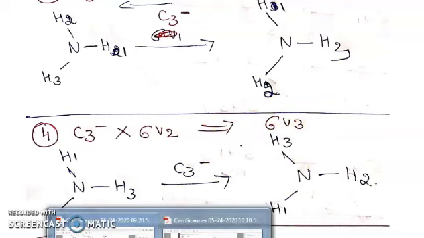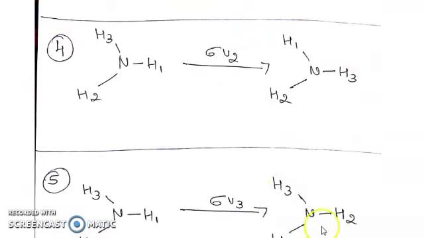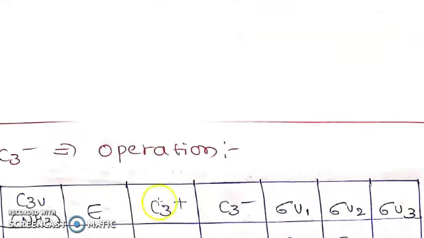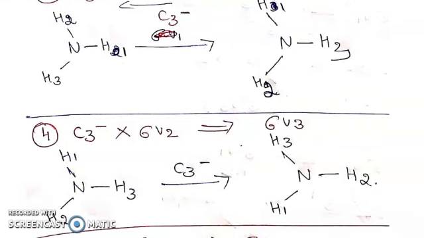How? See here, sigma V3, this only. Similarly, C3- into sigma V3 gives sigma V1.